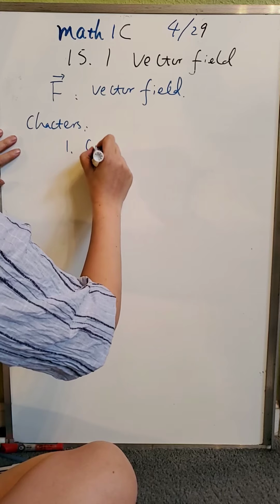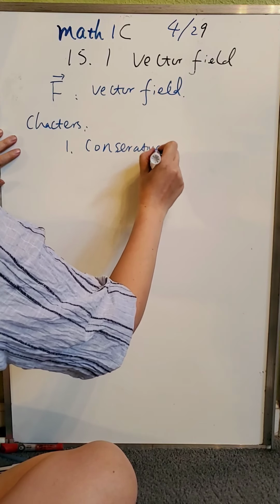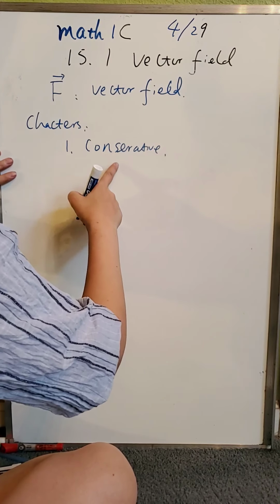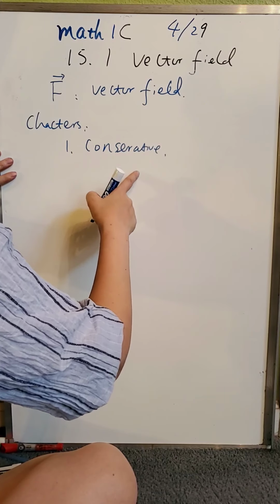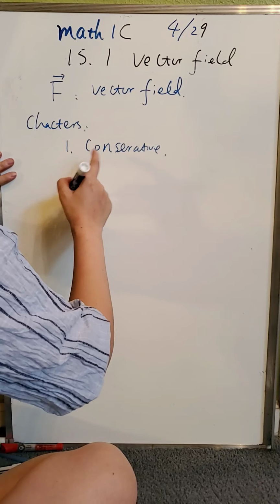First one is conservativity. You check for conservativity, which means path independent, curl equal to 0. So there's a potential function, and that's a conservative field.